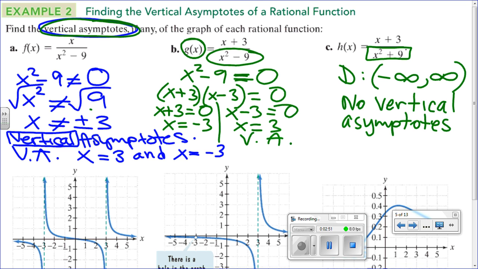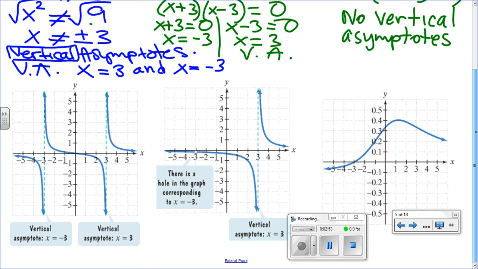And we have the graphs here for you to look at. Here we have 2 vertical asymptotes. By the way, when you graph this on the calculator, you're not going to see the vertical asymptotes or the horizontal ones. So that's why you have to learn how to find them by hand. Now here on this one, remember how we got 2 values, right? But here we're only seeing one of them as the vertical asymptote.